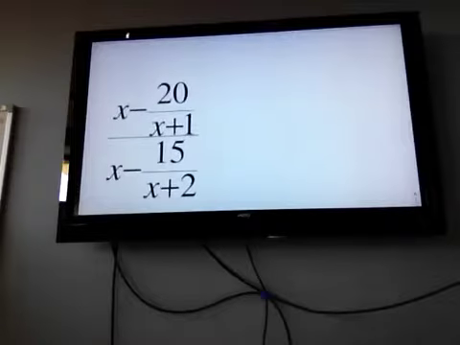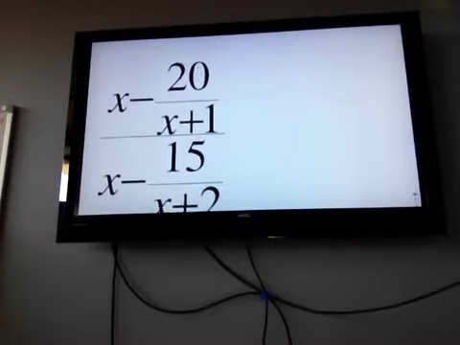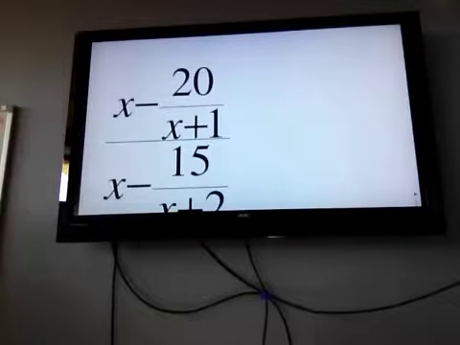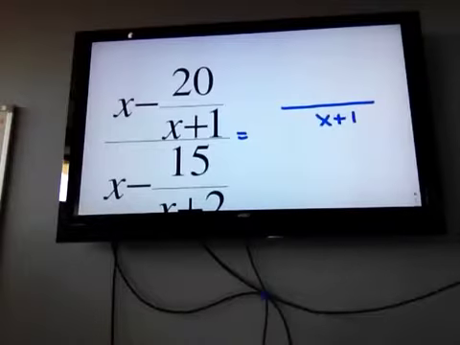Okay, next example. In the numerator, so the x minus 20 over x plus 1. Common denominator, there's only one denominator there, is x plus 1. So that's a group. If you want to put it as parentheses, feel free to do that.